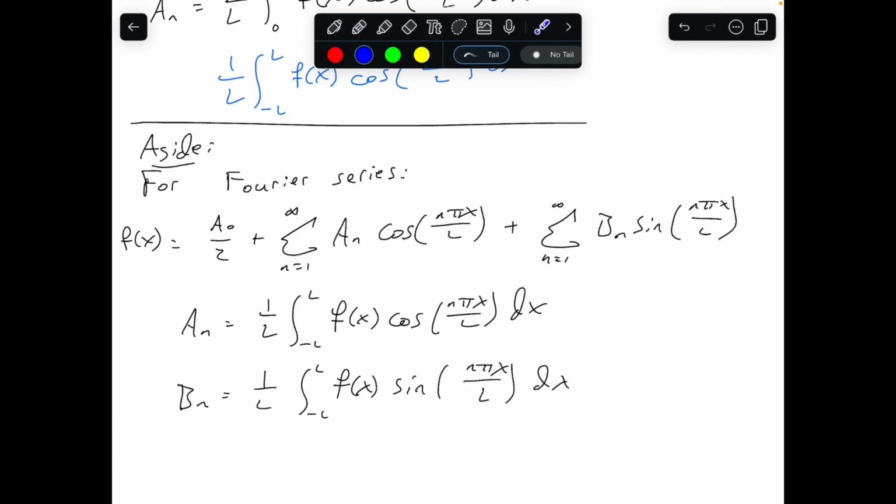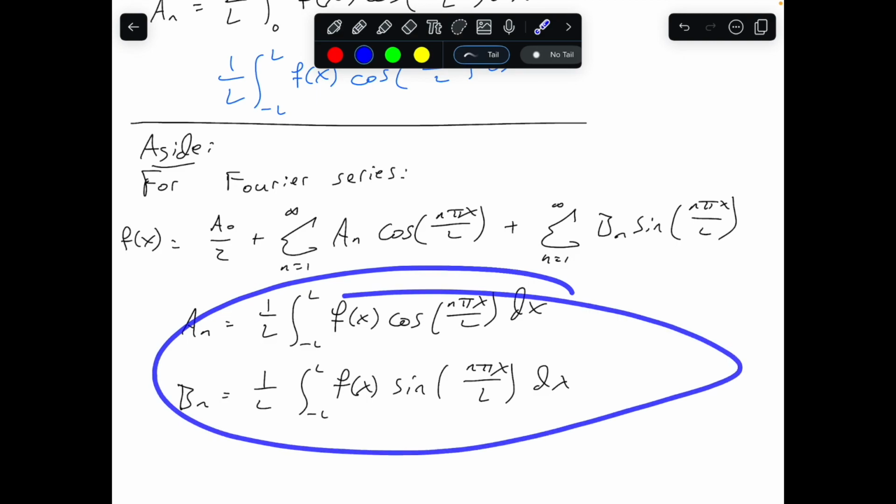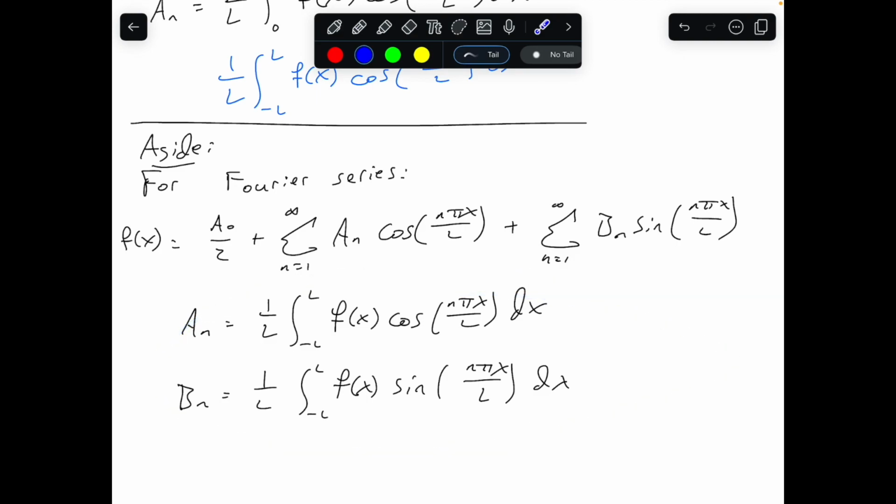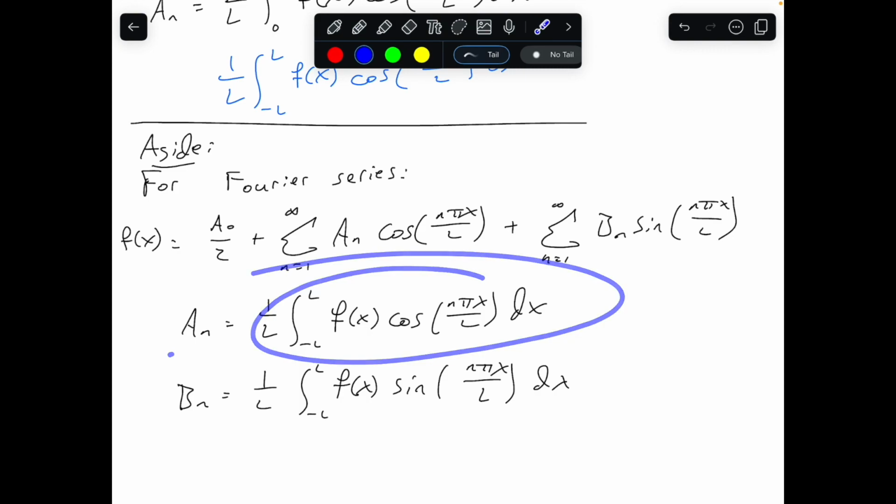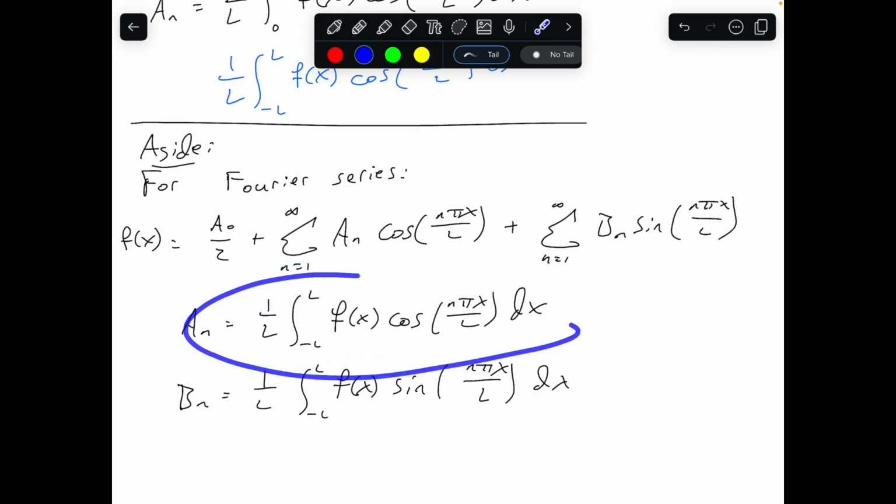Now, if your function is not odd and not even, then you are basically required to use these formulas for your coefficients a n and b n. By the way, remember that your a0, the n equals 0 term, typically gets computed separately, but it's the same formula.